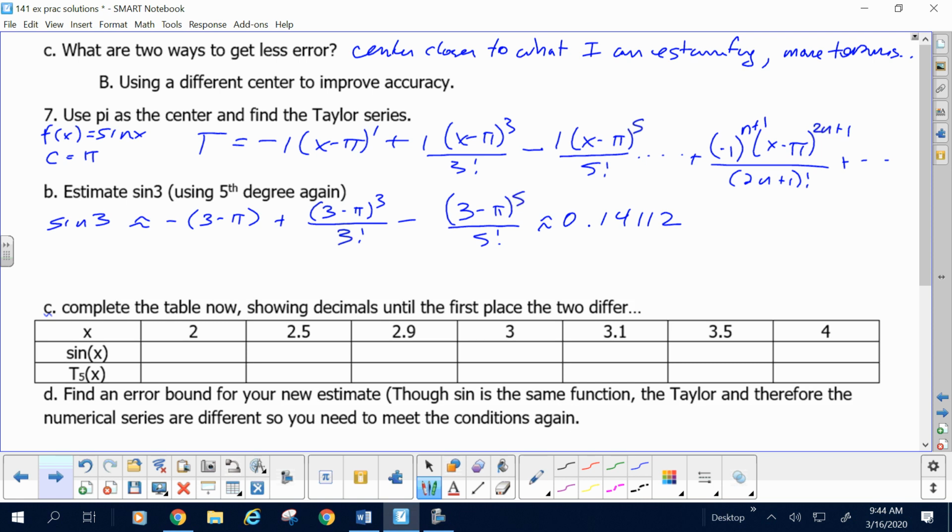Now, again, I put sine in F1 and my Taylor series in F2, and now try to see how different they are.